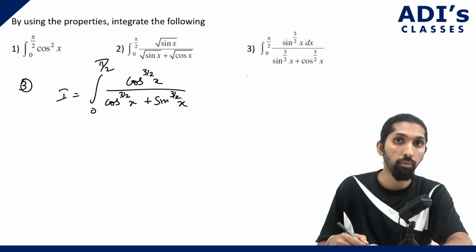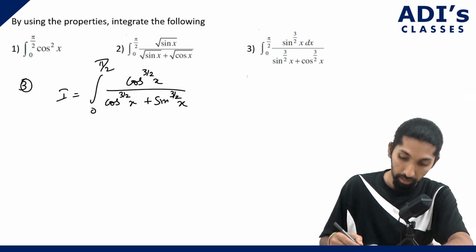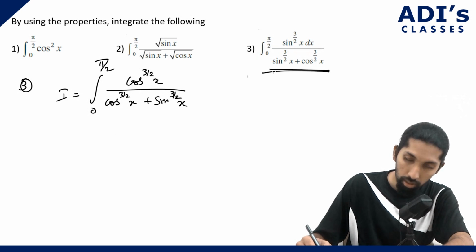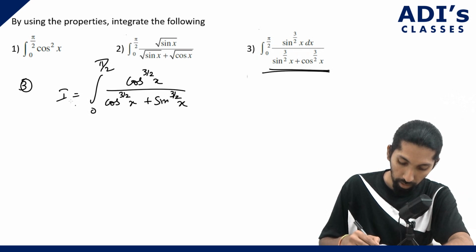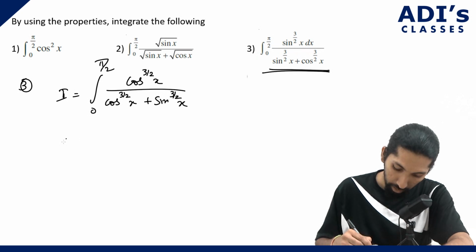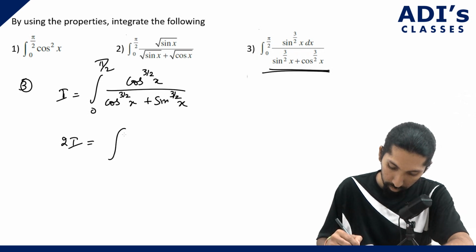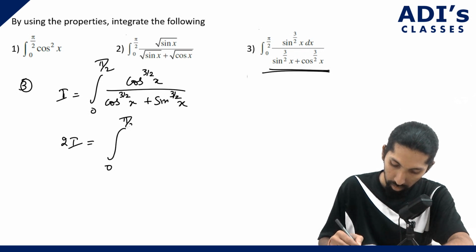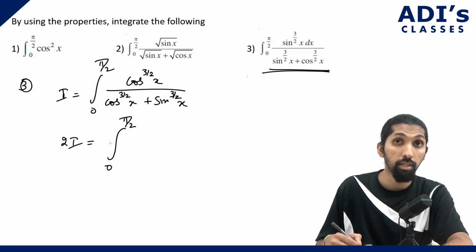Add both of the equations. That means you are going to add the question I with the I we have now, correct? So when you add, 2I is equal to cos to the power of 3 by 2 plus sine to the power of 3 by 2.